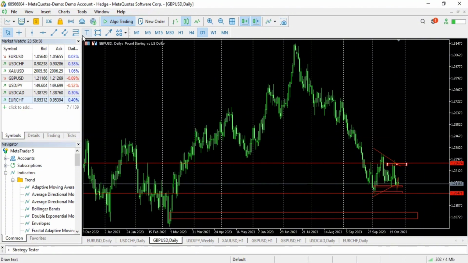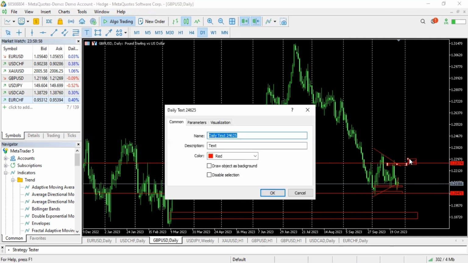1.22674. So in conclusion, what I would do is this: clear breakout, buy here after a clear breakout. I want to use the word clear breakout.